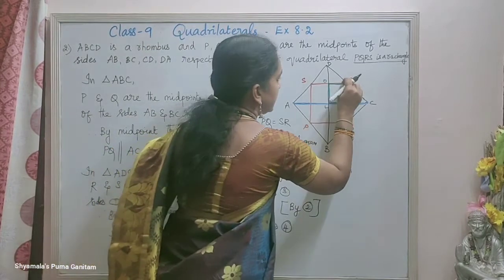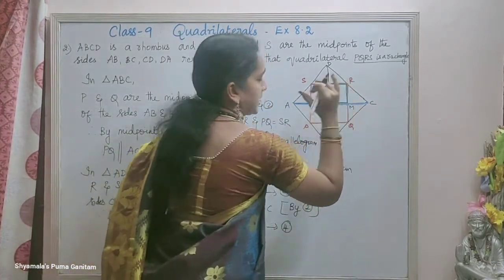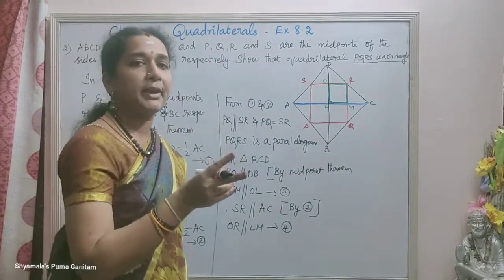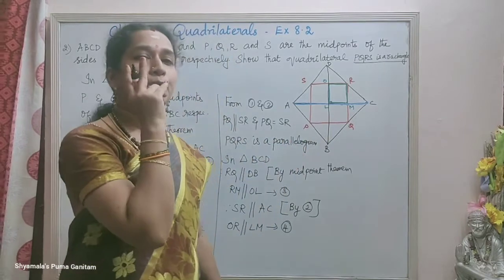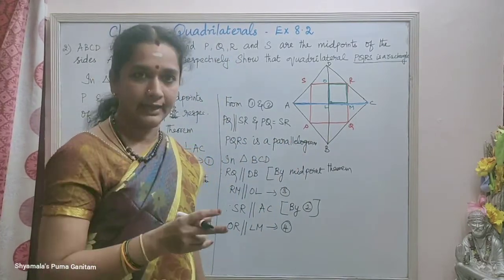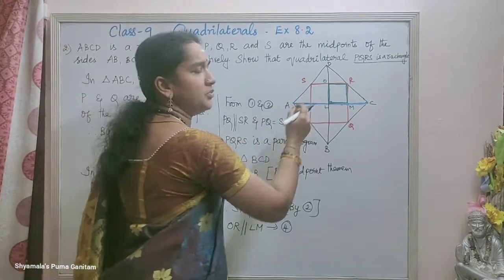So, in this quadrilateral, it is clear that both pairs of opposite sides are parallel. In a quadrilateral, if two pairs of opposite sides are parallel, then we can say that it is a parallelogram.